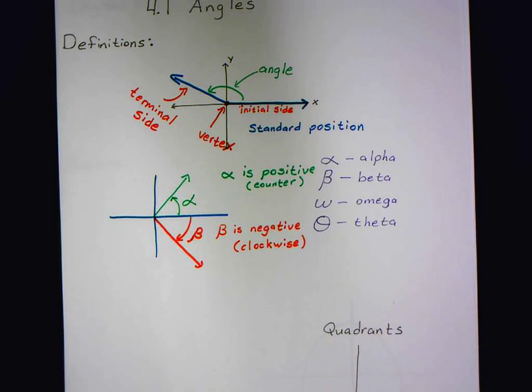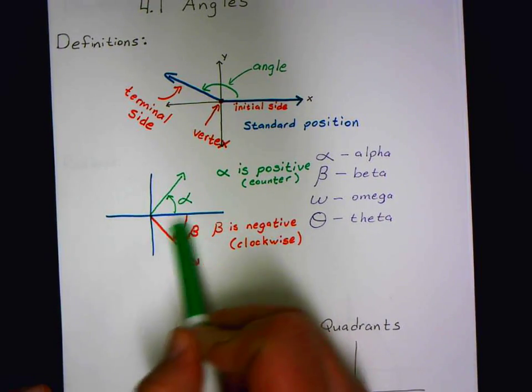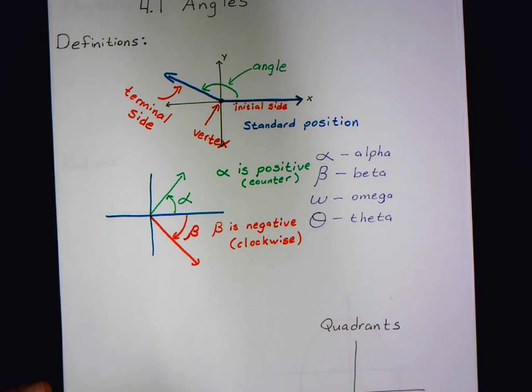If you go clockwise, those are negative angles. And we'll talk about how to measure angles here in just a little bit. But anytime we go around in this direction, that's positive. Anytime you go around in this direction, that's negative.